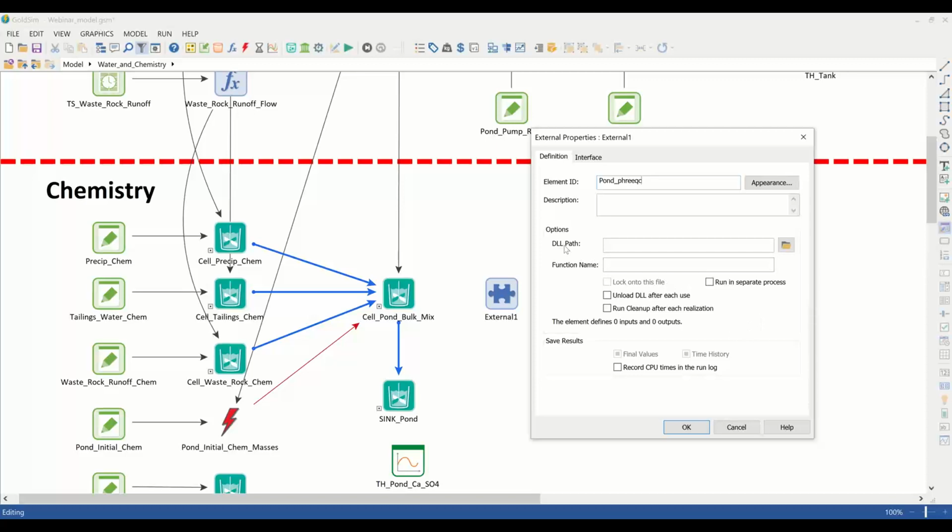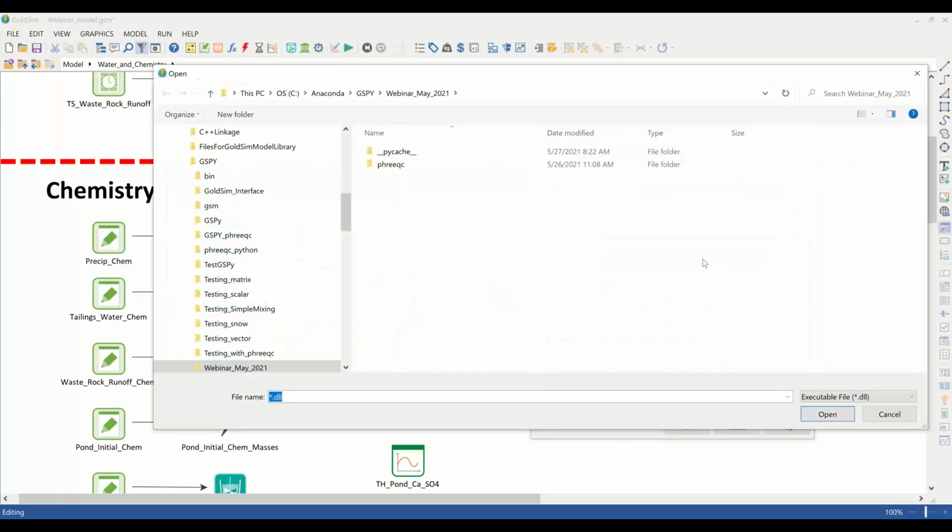The next thing we need to do is define the DLL path. So if we click here, we can look for that DLL path, and basically this just refers to the name of the dynamic link library. The file filter here is actually looking for the extension of .dll, and the extension for the Python DLL is actually .pyd.